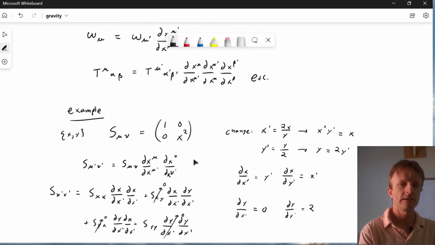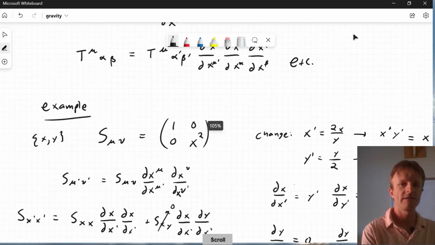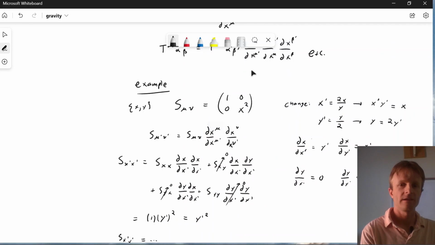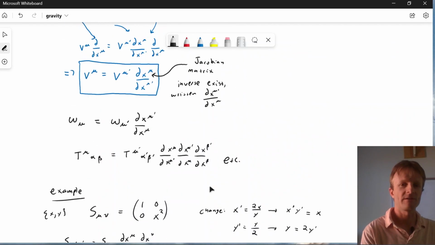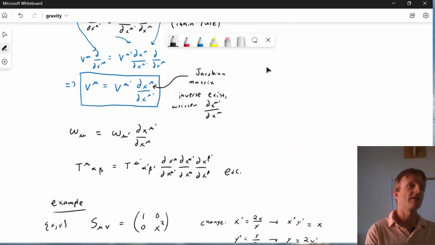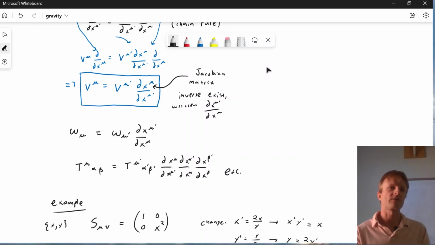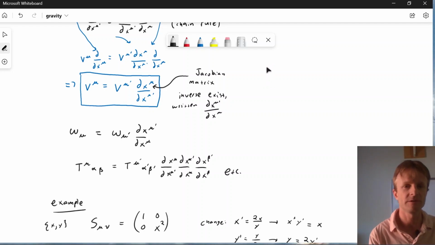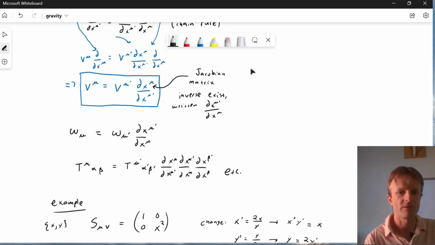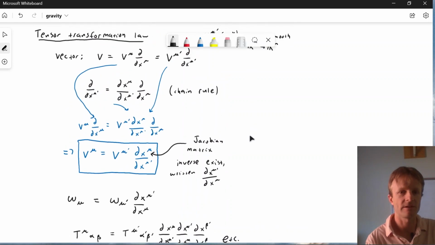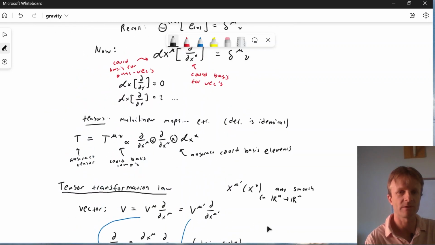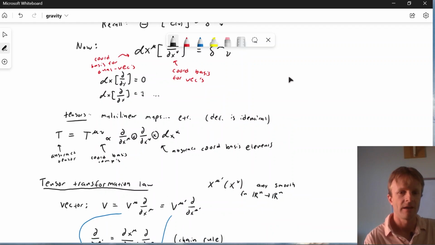The claim is that we did define vectors, and I referenced some arguments but didn't give them for why that really gives you an n-dimensional vector space at each point on the manifold. And then I said, once you have that, we can get tensors in exactly the same way we did in special relativity. The idea was you started with your basis, d by dx mu, for vectors.